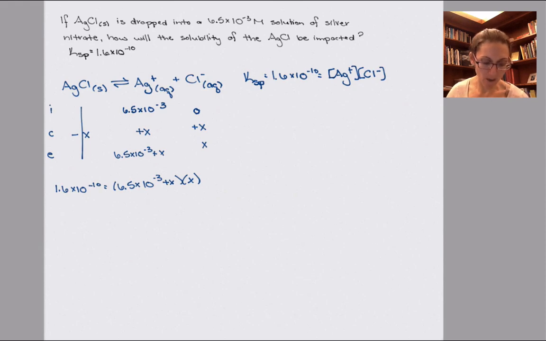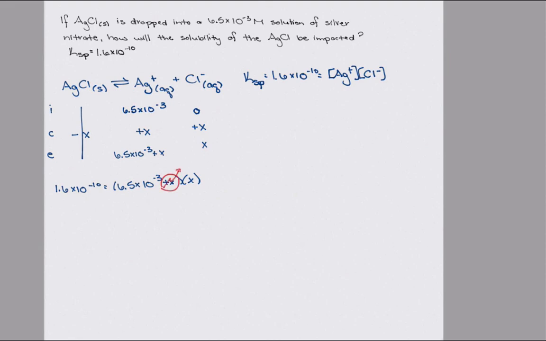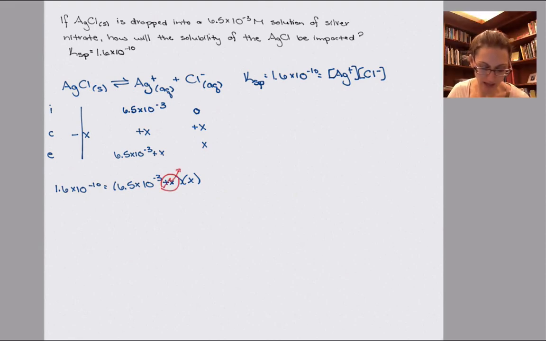So the amount of additional silver that's going to be formed compared to the amount of silver that was there in the beginning is going to be negligible. And so we can say that 1.6 times 10 to the negative 10th is going to be approximately equal to just 6.5 times 10 to the negative third times x.